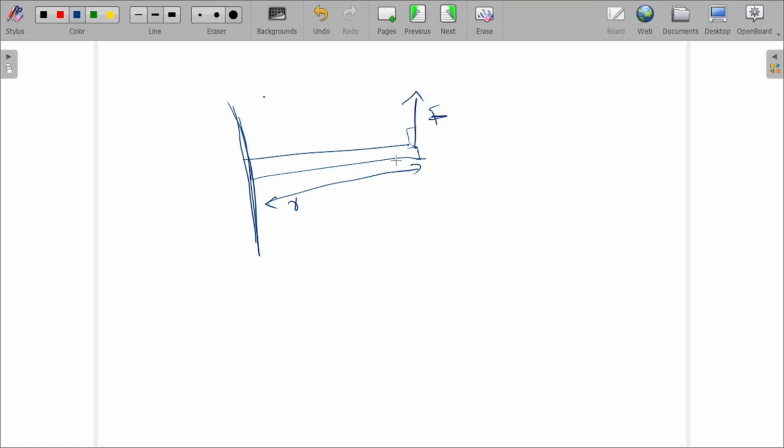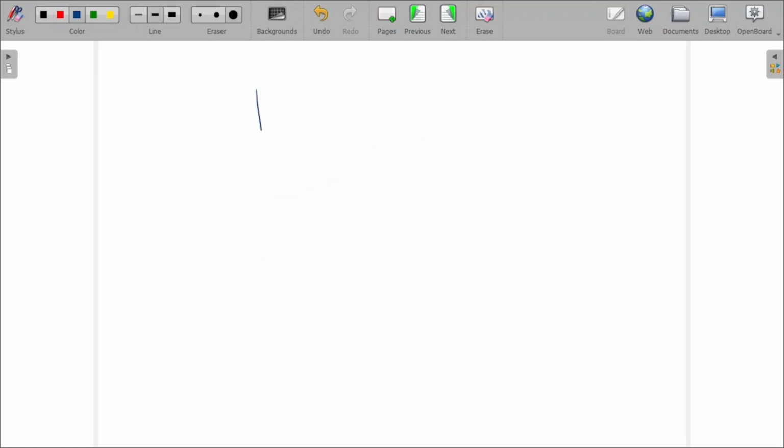For the axis of rotation, what will happen? Torque tau equals this perpendicular distance R times F, as the angle between them is 90 degrees.